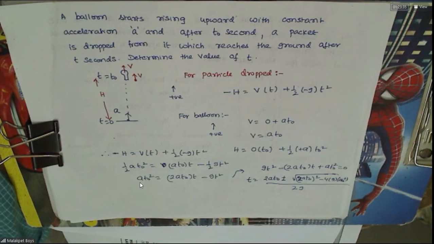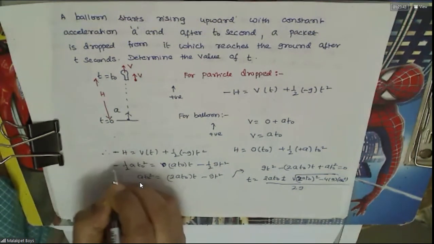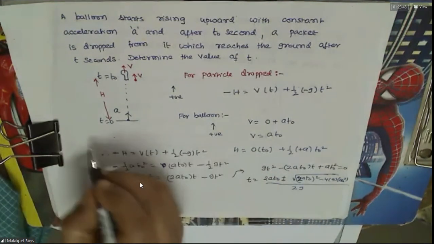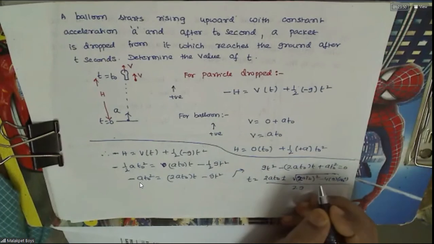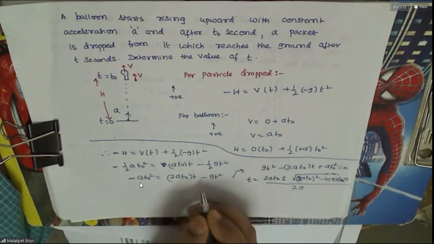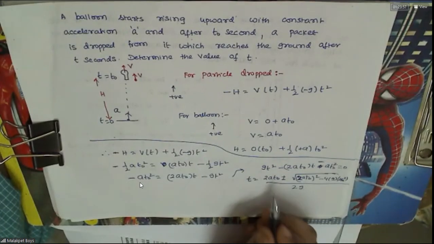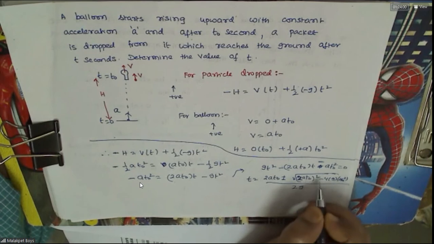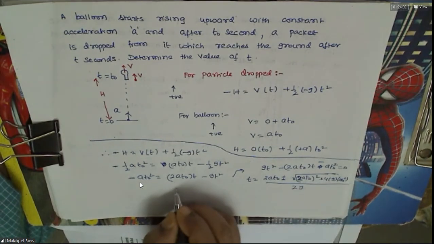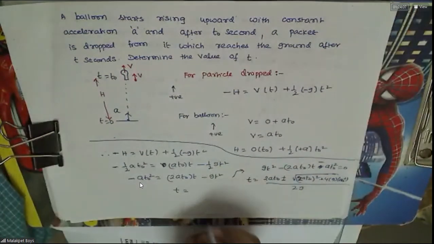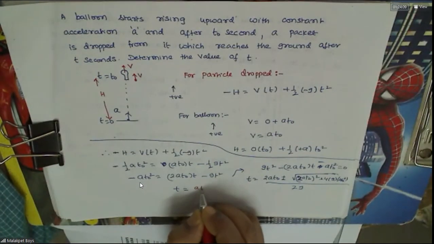Minus h means in the down you did not take negative sign. Then you'll get here gt square. If you go like this, this is negative, this is also negative. So minus b plus or minus root over b square minus 4ac by 2a. Okay, you know quadratic equation in school or not? You will get this if you do carefully.